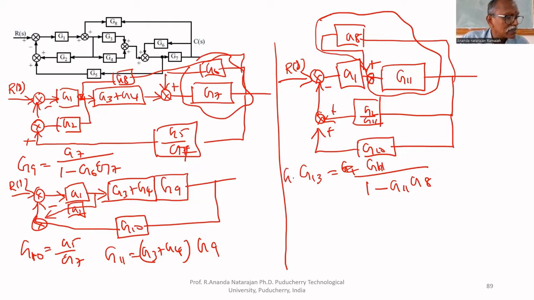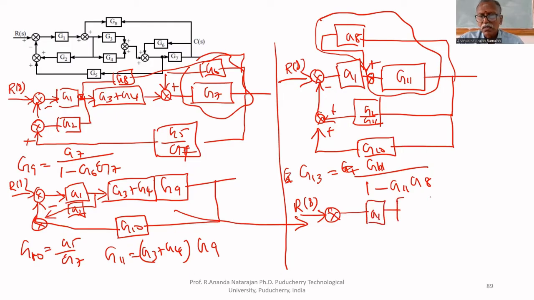If you multiply this, G13, okay. Now this diagram becomes, we have to substitute G13. Now what we will get is G1, G13, and this is equal to G12.